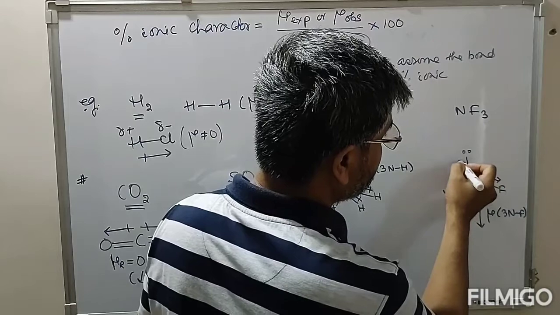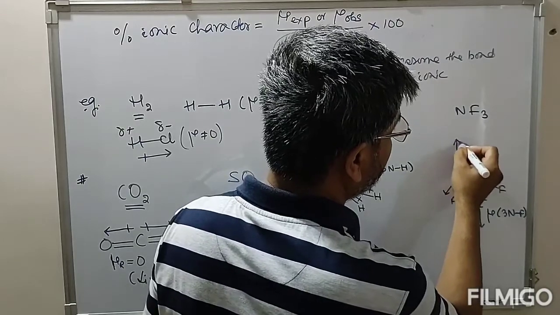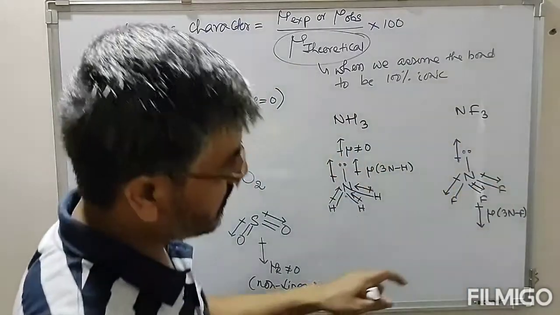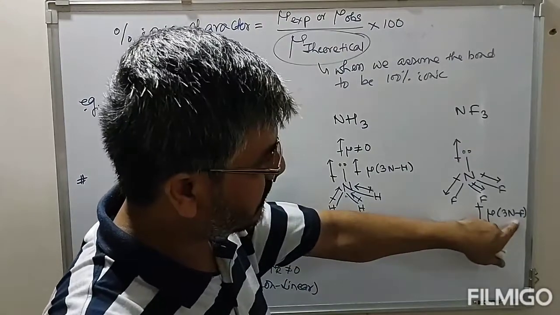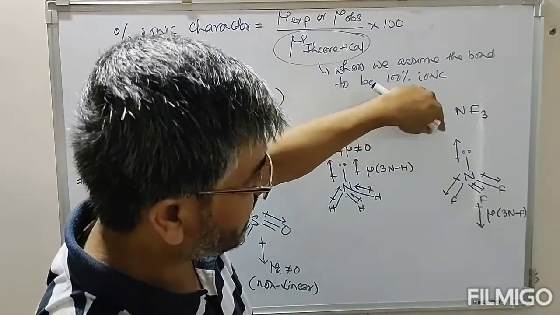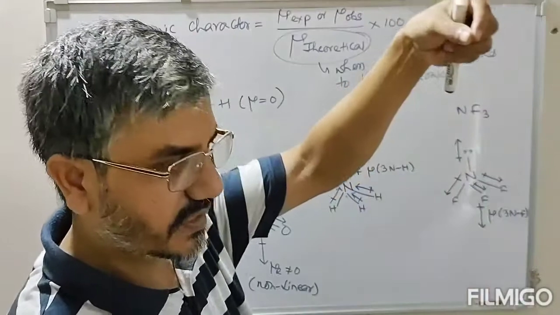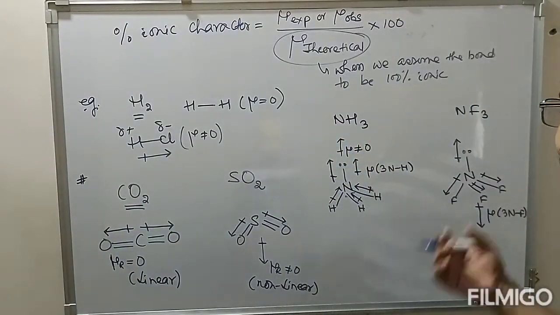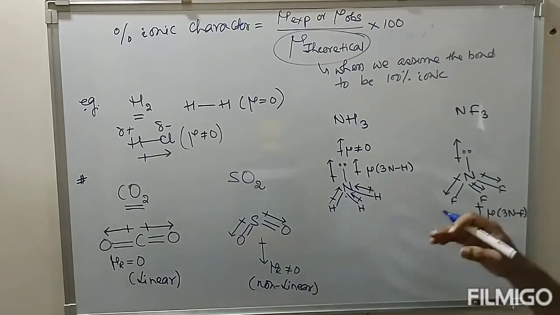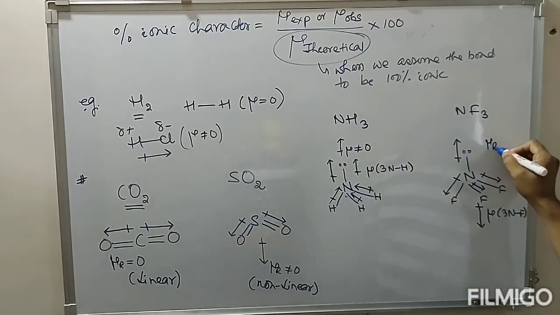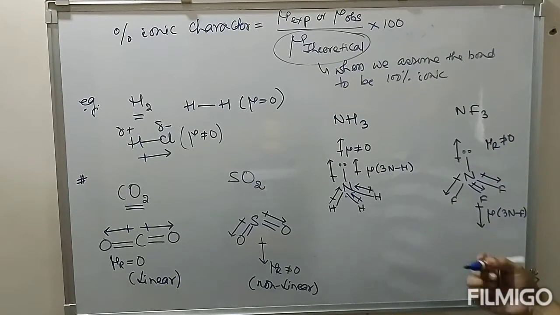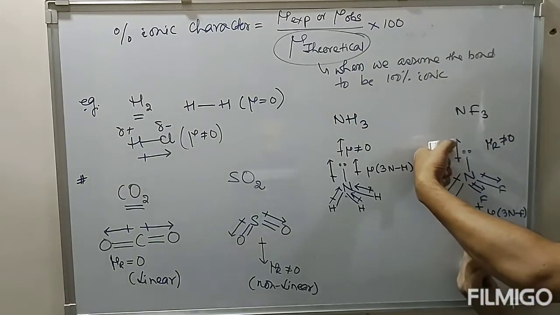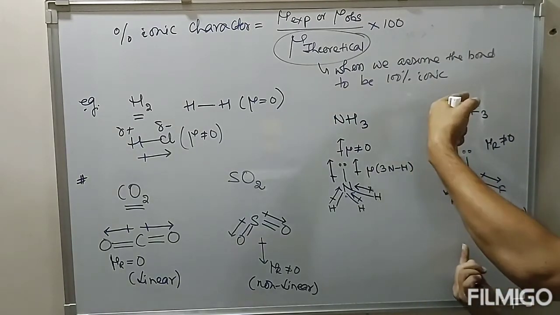We have the nitrogen lone pair, and the resultant of the three nitrogen-fluorine dipoles and the resultant of the nitrogen lone pair are in opposite directions. Since both are in opposite directions, they partially cancel out. Though the resultant will not be equal to zero, these two dipoles are in opposite directions, so they partially cancel out.